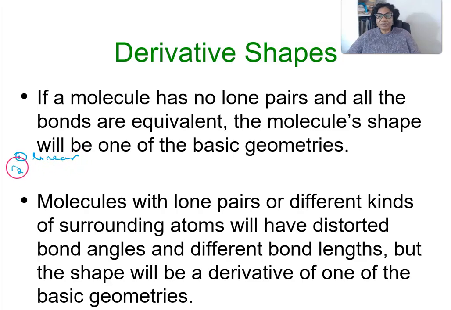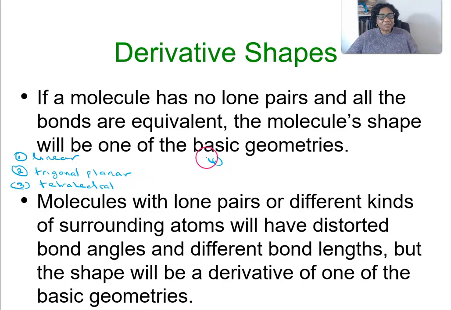We have 2 electron pairs around the central atom. Then trigonal planar, 3 electron pairs around the central atom. Then tetrahedral, 4 electron pairs around the central atom.